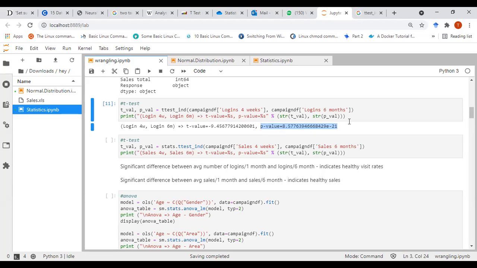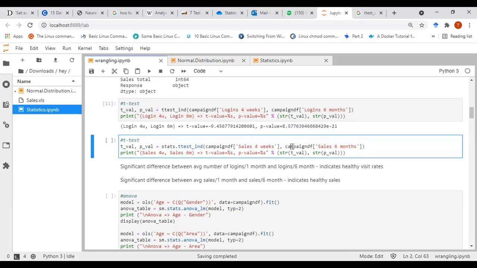If I'm not a regular customer, then there's no difference. In the data, there are some regular customers, and people who have not logged in even in 6 months or 4 weeks. So overall, it is telling you that there is a significant difference, and it should give this result. Otherwise it would be something really strange.